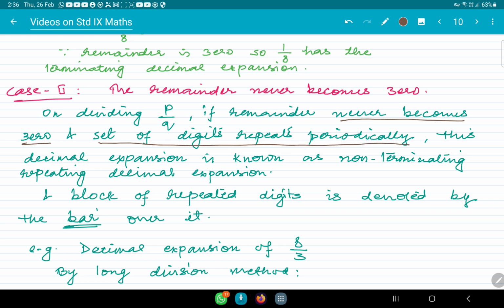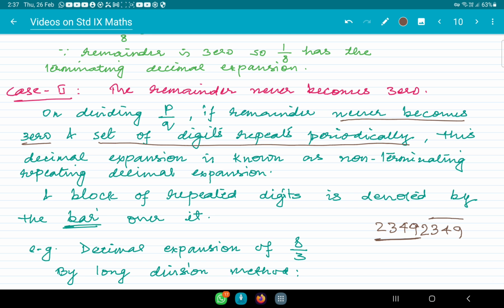A set of digits repeating periodically means, suppose it is 2, 3, 4, 9. We can say that is the set of digits, and on dividing continuously we again get the same 2, 3, 4, 9. So 2, 3, 4, 9 is the set of digits, and again we get 2, 3, 4, 9.